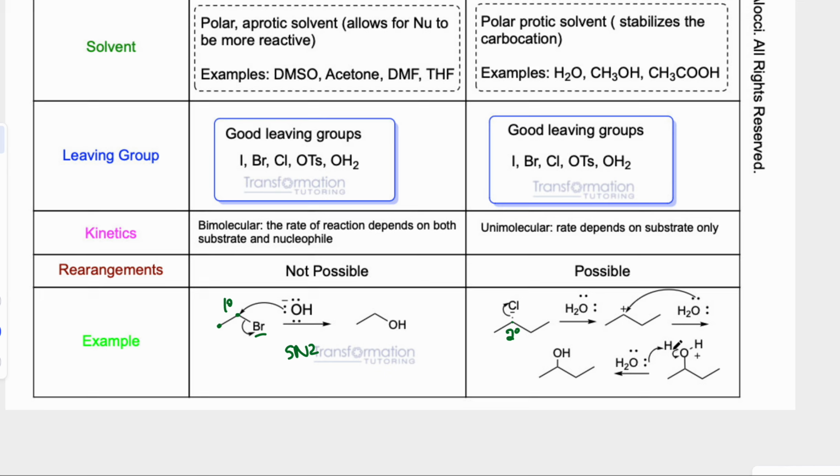The bond between hydrogen and oxygen breaks, giving electrons here. And we have our product, which is replacing Cl with OH. And by the way, in terms of stereochemistry, we can have this either on a wedge or on a dash, because remember, we create a racemic mixture.